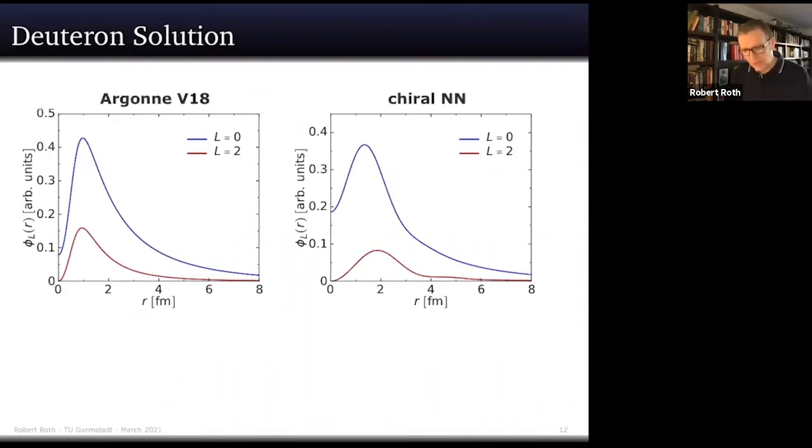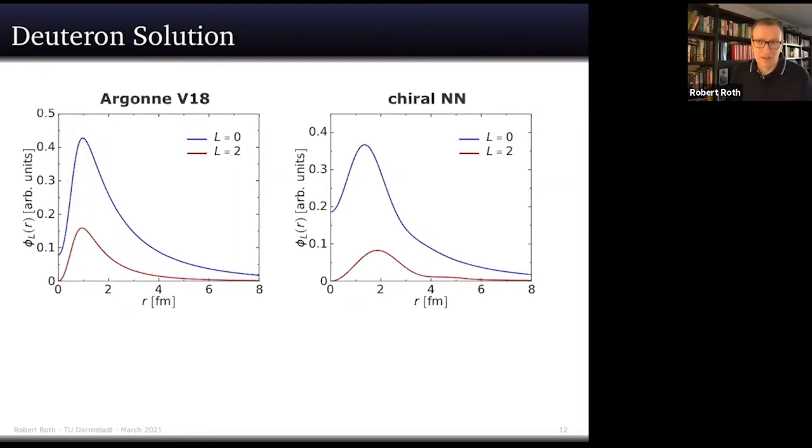If I just think about angular momentum and look in analogy, for example, to the hydrogen problem, the electrons in the hydrogen atom, then I would be surprised because L equals 0 doesn't have a centrifugal barrier. There's no reason why I should have this reduction in the probability amplitude at short distances. If I would do a hydrogen-like calculation, this wave function would go further up and end at a finite value here. So what is making this wave function drop or create this hole?